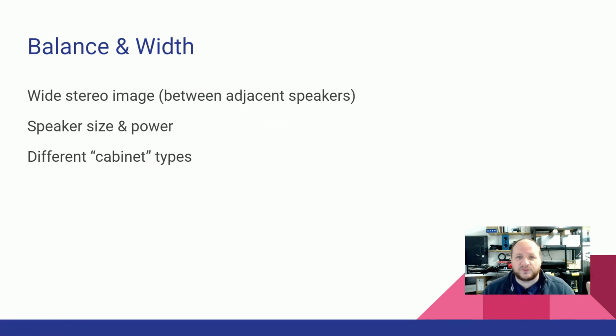Because they're coming from effectively the same area, you've got no way of distinguishing that. So stereo image is something to consider between not just front and surround speakers, but front to back as well.